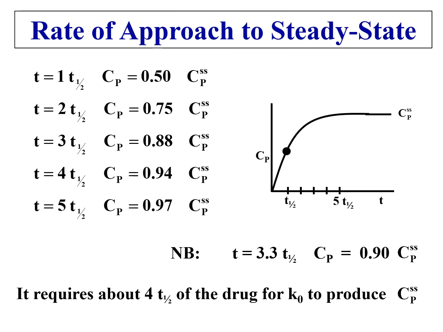So we can look at the rate of approach to steady state. This is a nice empirical calculation. At one half-life, we're at 0.5 of steady state. At two half-lives, we'll be at 0.75. At three half-lives, 0.88, then 4, and then 5.